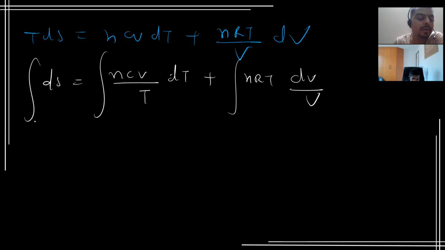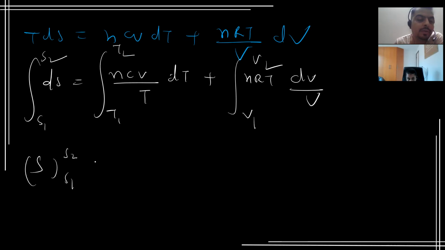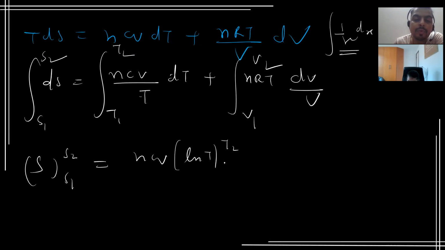Here you can integrate from T1 to T2, V1 to V2, S1 to S2. This is the limit. Now, if you integrate dS, it will be S2 minus S1. Here, if you integrate dT upon T, what will be the integration? The integration of dx upon x is ln x. So it will be ln of T2 upon T1.